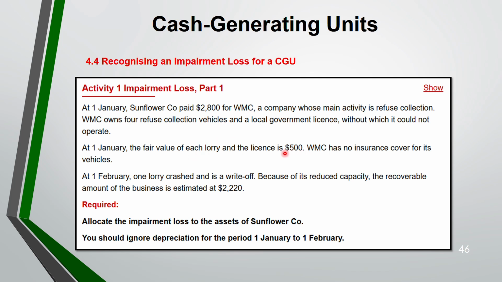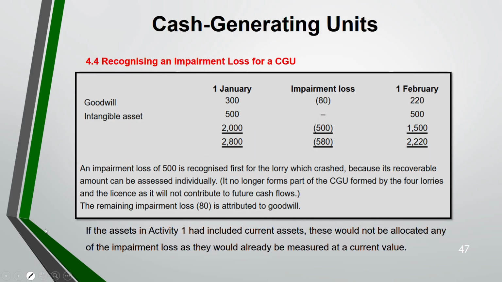Each lorry 500 into 4 is 2,000, and the license is 500. Now, the balance is your goodwill, because you have paid 2,800, more than the amount of the assets. So the difference between what you have paid and your assets, 2,000 for the lorries plus the license, against the 2,800 you have paid, the balancing figure is your goodwill. 300 is your goodwill.